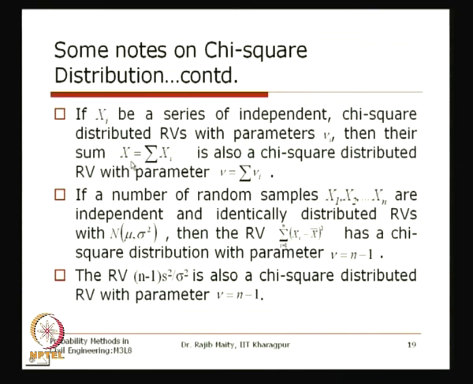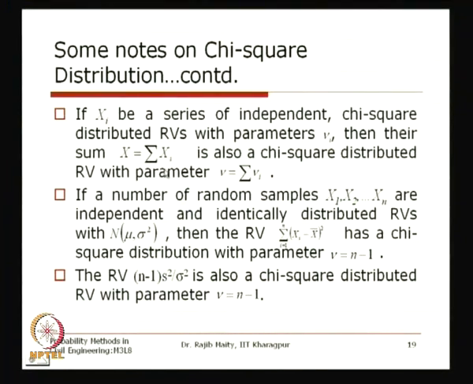Then this new random variable is also chi-square distributed, with the parameter equal to the summation of all those degrees of freedom. So this is the additive rule for the chi-square distribution: if we add more than one chi-square random variable, the new random variable is also chi-square distributed, and its degrees of freedom is the summation of the degrees of freedom of all the random variables which we added up.